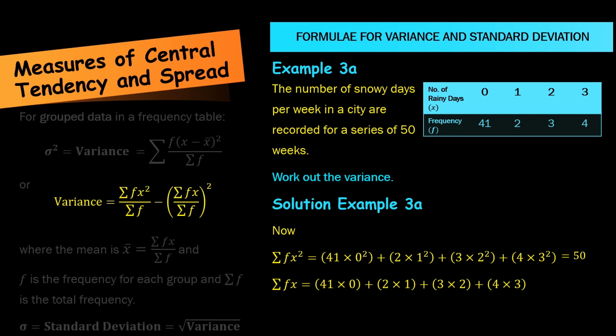Sum fx is equal to 41 times 0 plus 2 times 1 plus 3 times 2 plus 4 times 3, which is equal to 20. And sum f equals the sum of all the frequencies, which is equal to 50.